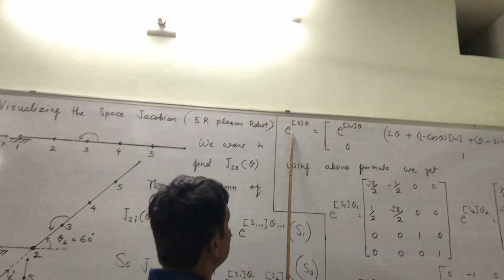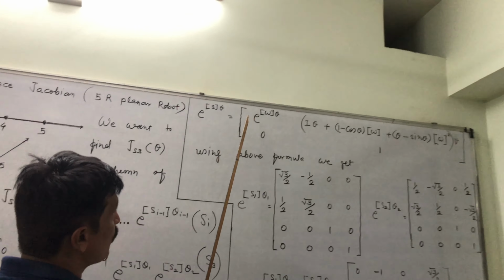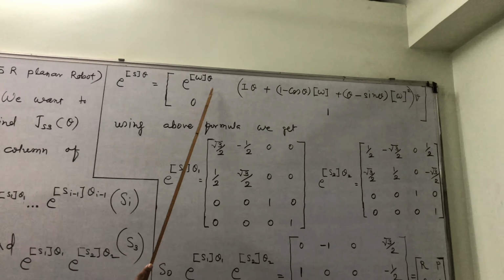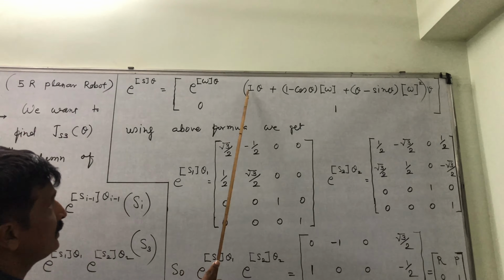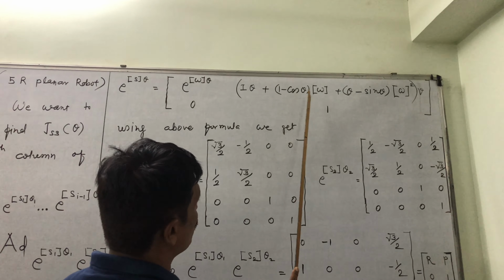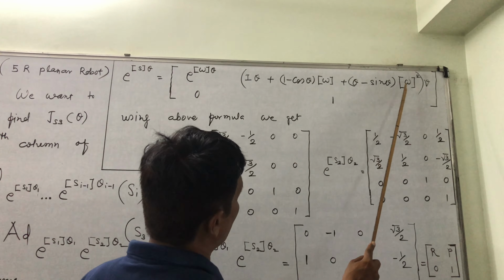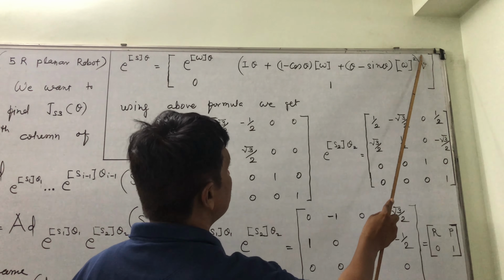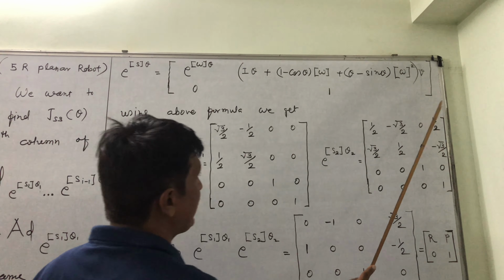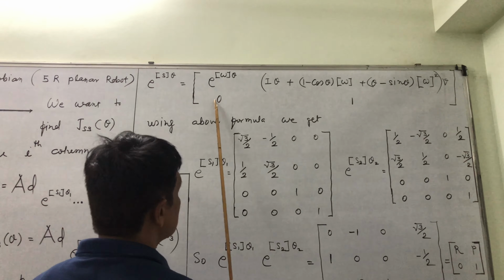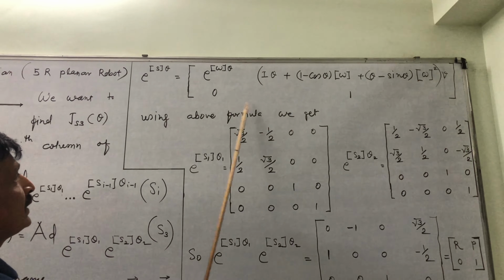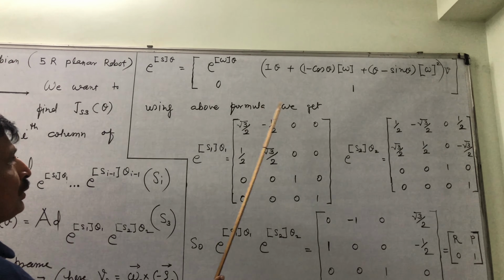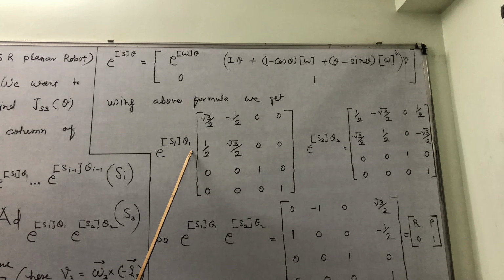Now, e raised to s theta, we have a formula: e raised to omega theta, here I theta plus 1 minus cos theta omega plus theta minus sin theta omega square, skew symmetric square, into V. V is Vs, velocity of the body expressed in the S frame. Here 0, 1. So using the above formula, we get e raised to s1 theta 1.